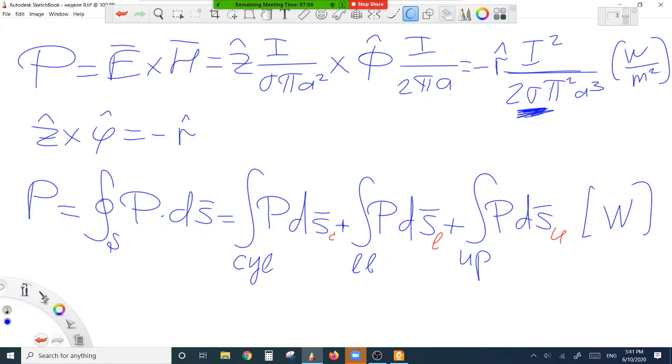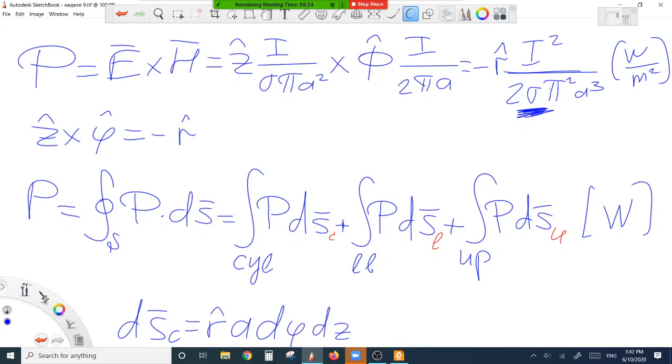And now ds of C, the surface vector of the cylindrical surface, in our case is equal to r a dphi dz.